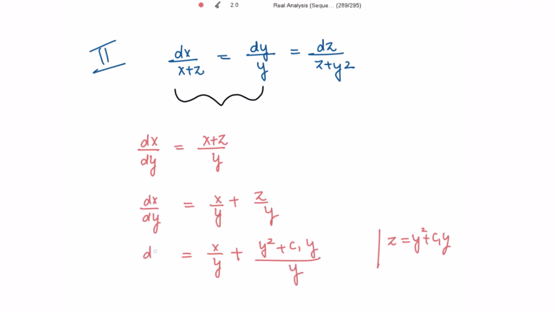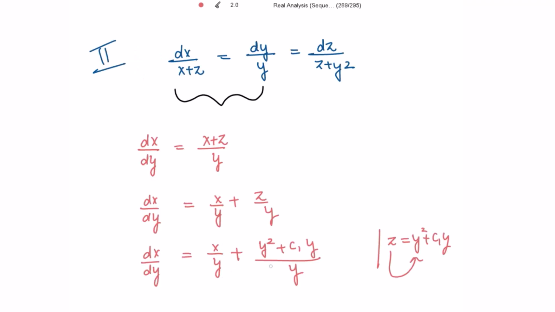right? To get the linear equation, we must have only these two variables. That is why we have taken the value of z in terms of y. We cannot have three variables together to get the linear equation. I hope it's very clear to you. Okay, writing this further, this is dx by dy equals x by y plus, cancelling one y from the numerator and the denominator, we get y plus c1.